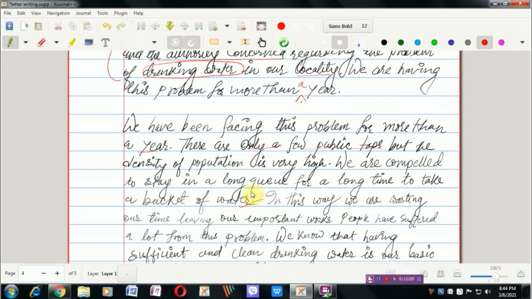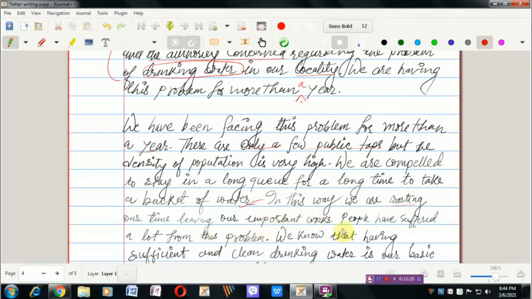People are making lots of efforts just to get a bucket of water. In this way we are wasting our time. It's a waste of time staying in a queue for so long, and it hampers our important work, because we have to manage time to get water.